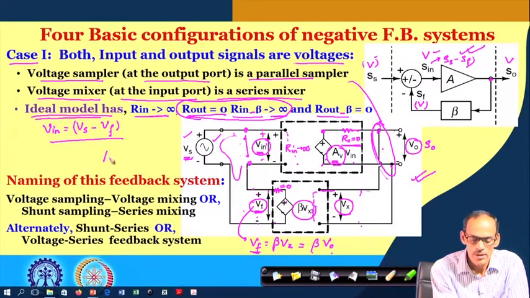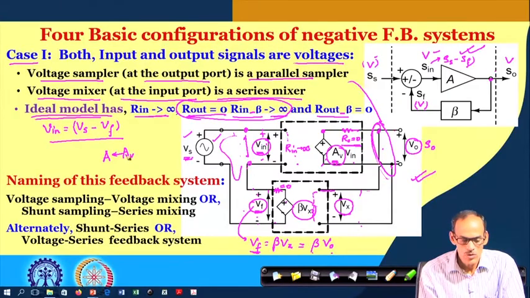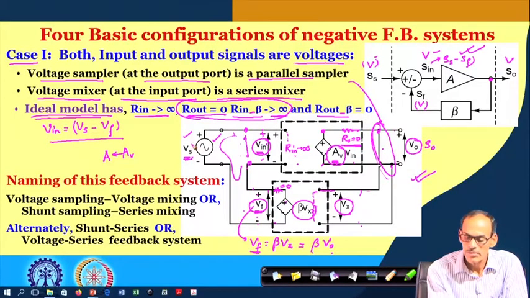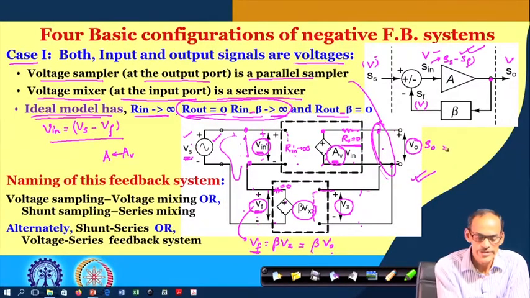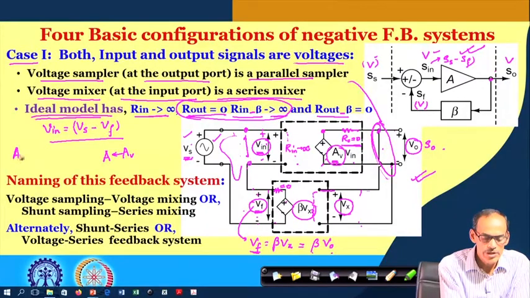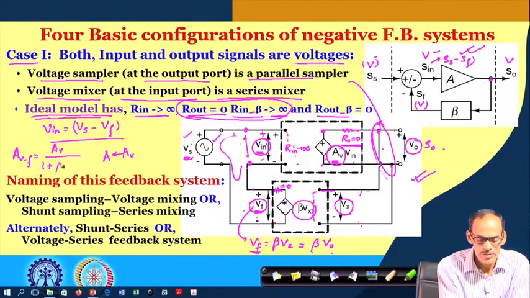So, in our formula we need to replace A by this A v. So, if you see here the primary input to primary output transfer characteristic, namely the voltage gain of the feedback system, in this situation it is A v divided by 1 plus beta times A v.